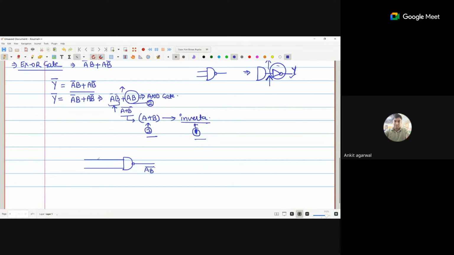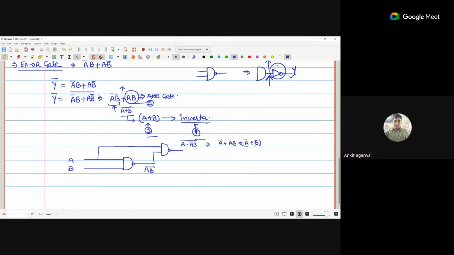This is my A, this is my B. Now if I do NAND of this one, it is A dot AB bar whole bar, that is A bar plus AB, and that is A bar plus B bar.